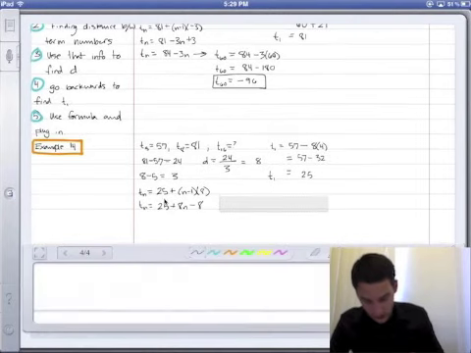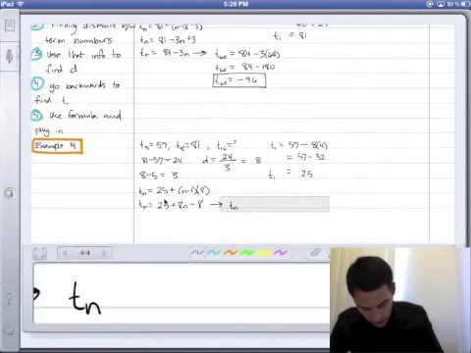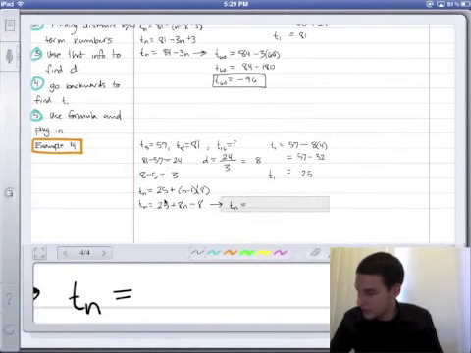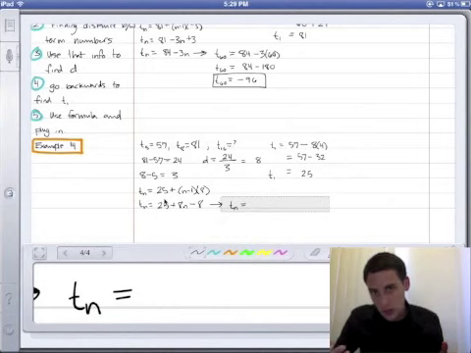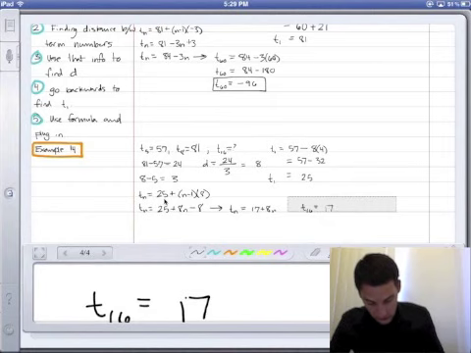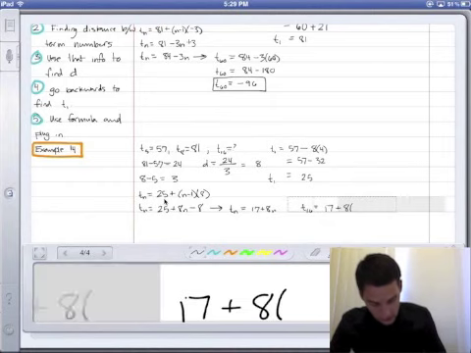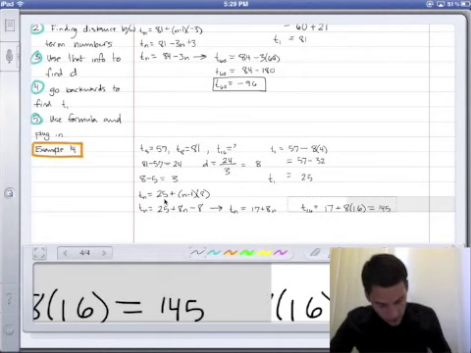My formula then is T sub n equals 25 minus 8, 17, plus 8n. And now I can just plug stuff in. So T sub 16 equals 17 plus 8 times 16. What does that equal? Equals 145. So that's my answer.